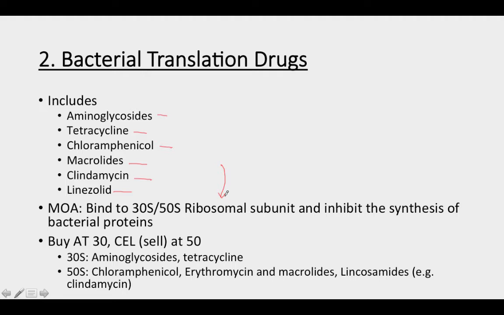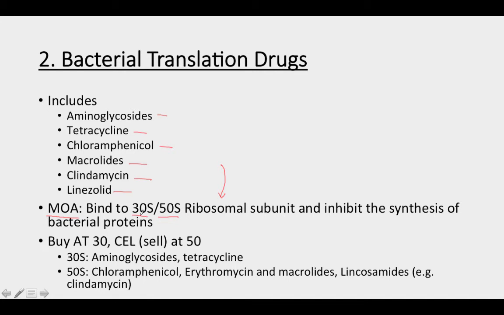In my opinion, and in my experience of what's acceptable at the biomed exam and what the focus is, I don't think you need to go into that much detail. So I would recommend that when you're asked about the mechanism of action of any of these drugs, you say that they either bind to the 30S or 50S ribosomal subunit and inhibit the synthesis of bacterial proteins. I think that's all you need to say.